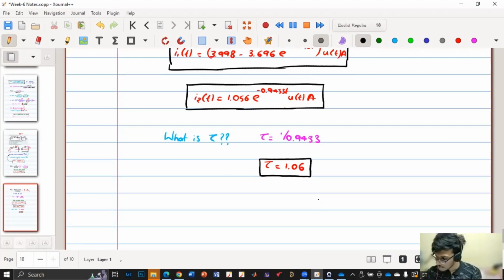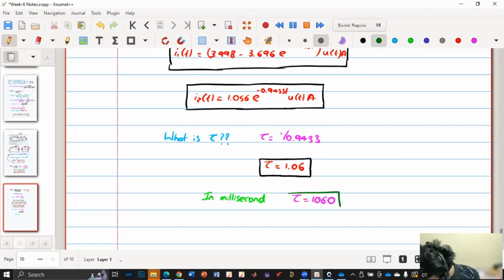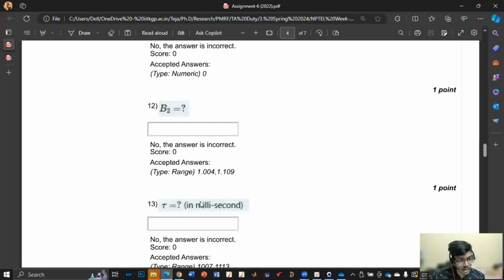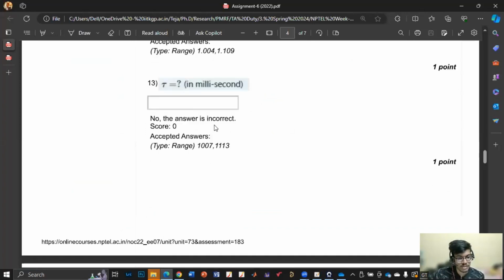So for millisecond, we'll multiply by 1000. So tau is 1060. You are right. So we are getting something like that. And we can go and see this 1060 which is within this range.